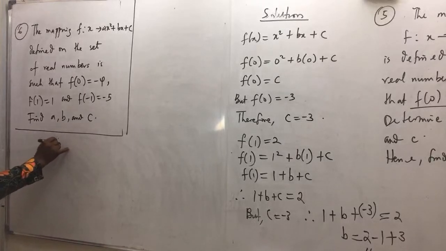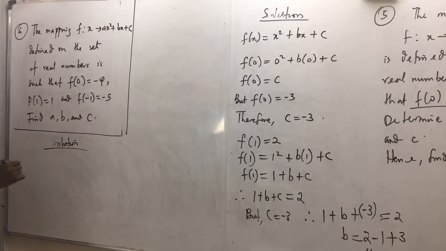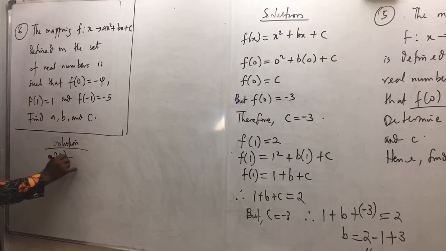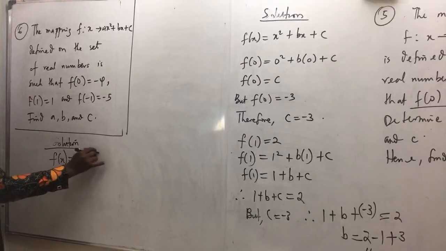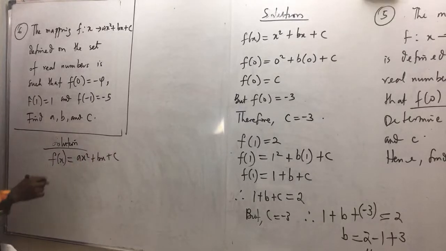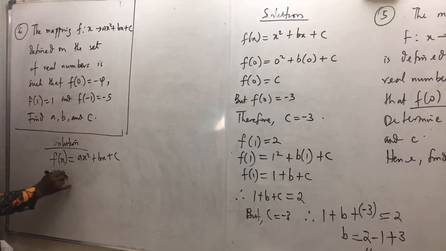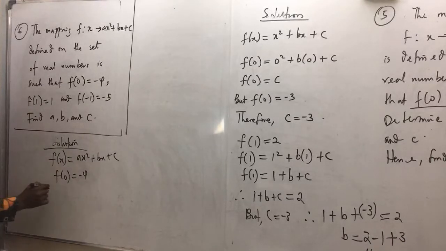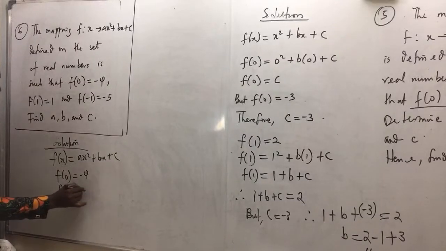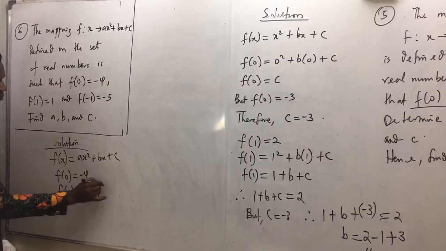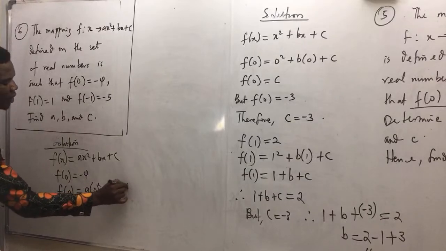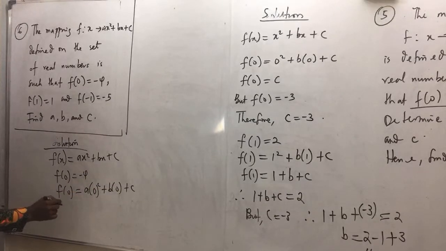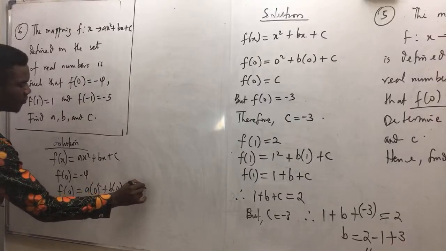So I'm going to start my solution here. All you have to do is start by writing the function as f of x equals ax squared plus bx plus c. We want to find A, B, and C, so I start with f of 0, which we are told is minus 4. f of 0 equals a times 0 squared plus b times 0 plus c, and I equate that to minus 4.